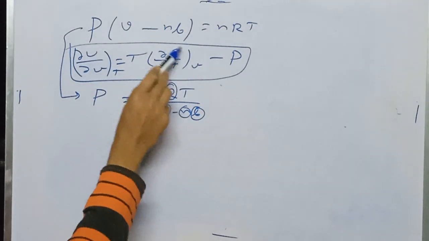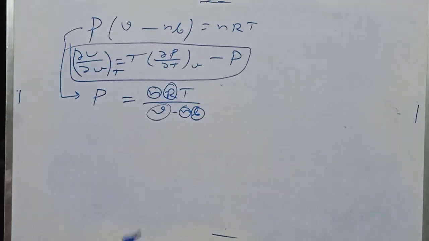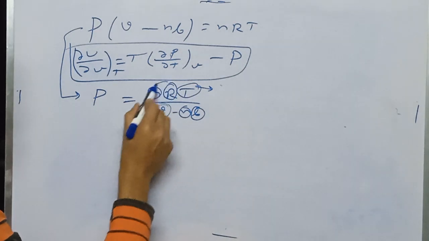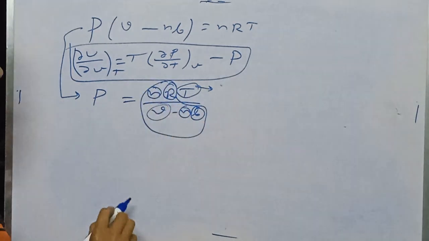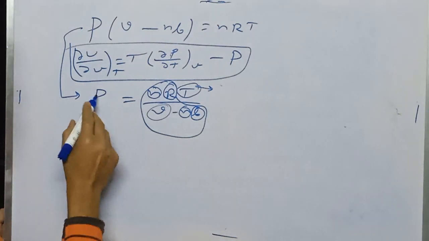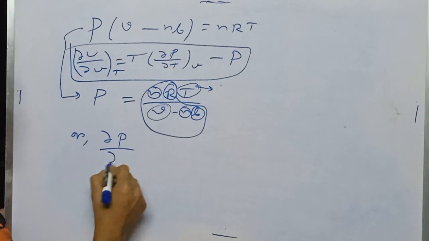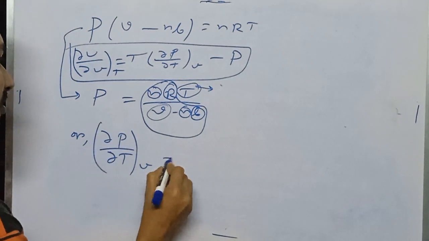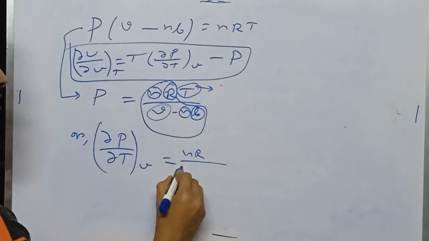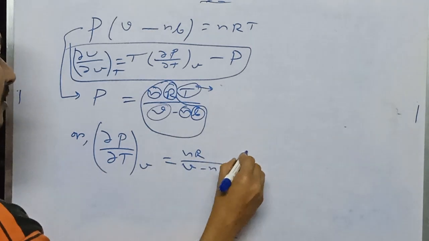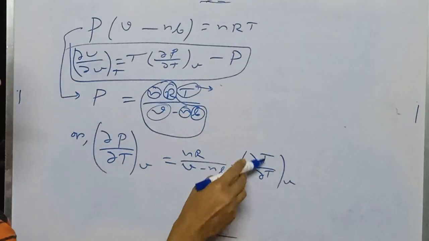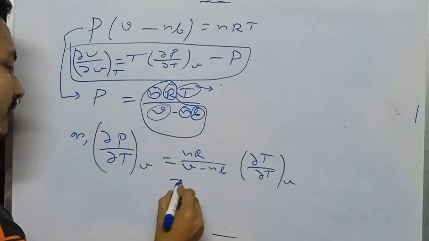So only temperature is variable and the rest is constant. When we differentiate pressure with temperature at constant volume, all are constants, so we just repeat these constants first and then differentiate temperature with temperature.